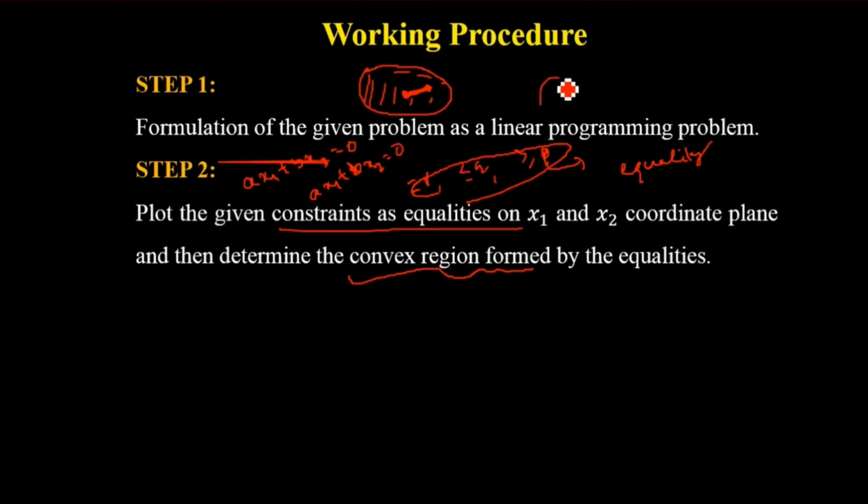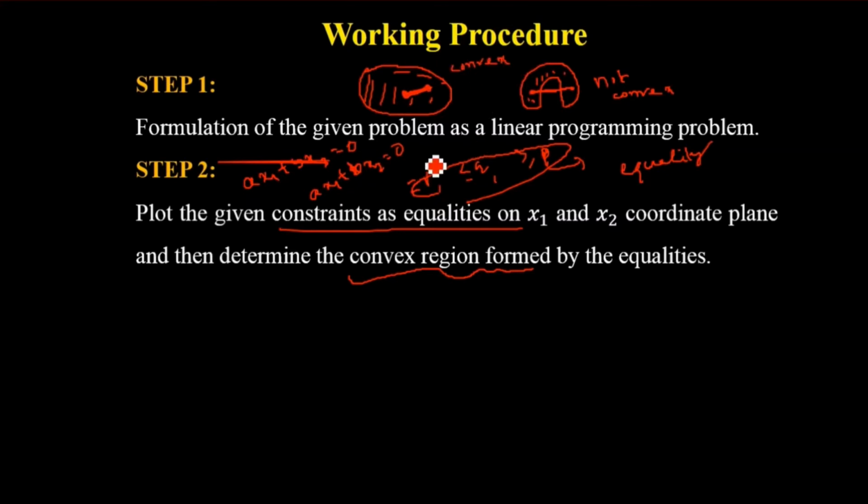For example, in this region, if you take one point here and another point here and join them, the line segment is half inside the region and half outside the region, then it is not convex. This is convex.